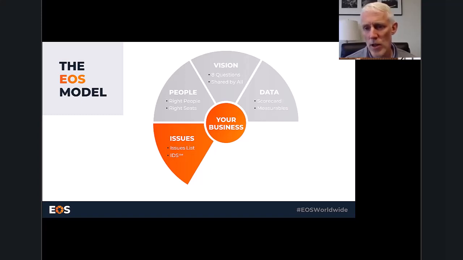Then we teach something we call the issue solving track. We have the initials for it, IDS, and it's about identifying, discussing, and solving issues so that they're done and you're not continually discussing them week in and week out. Again, when everybody in the organization is bringing issues to the table and each group has the ability to solve those issues once and for all, you're 100% strong in that component.